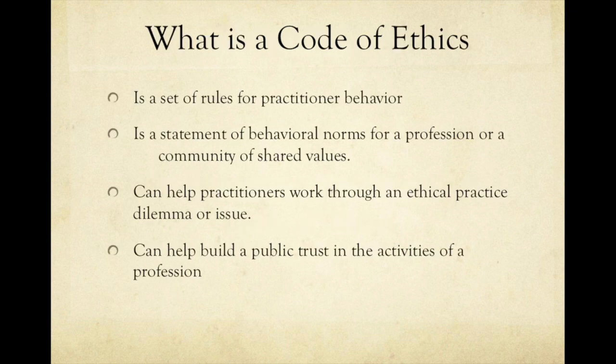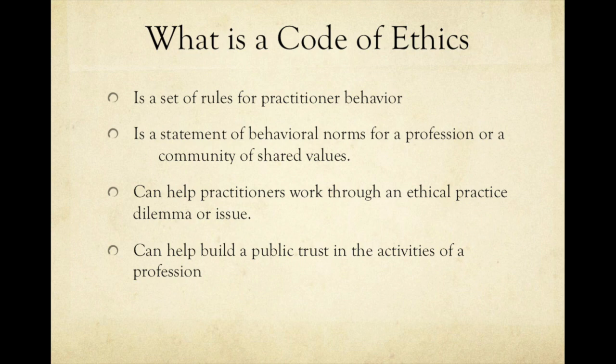So let's define what a code of ethics is. So first of all, a code of ethics is going to define set rules for how a practitioner in that profession is to behave. It's also going to provide us with a statement of what is normal for the profession, the behaviors that are normal for the profession and what they do. It might also define what the core values are of that profession.